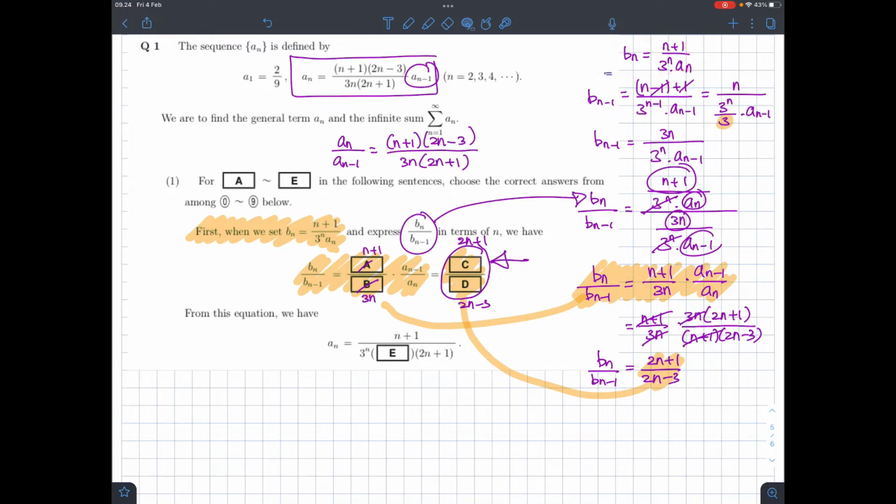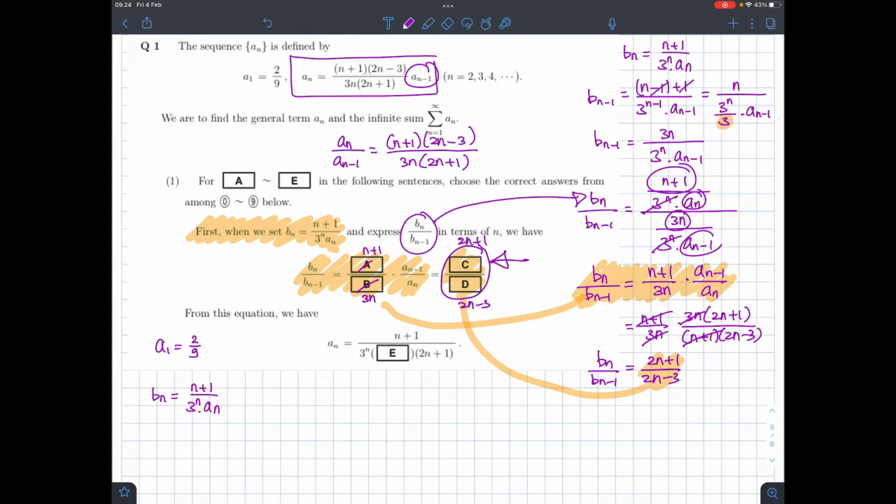I will copy this part here. And we have also this one, A1. We also have A1 equal to 2 per 9.